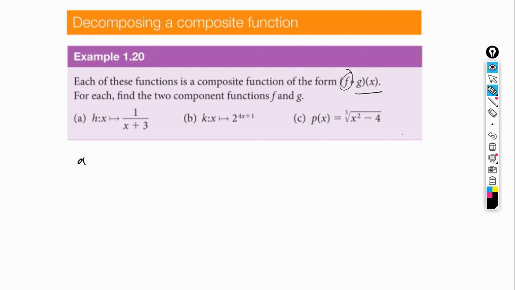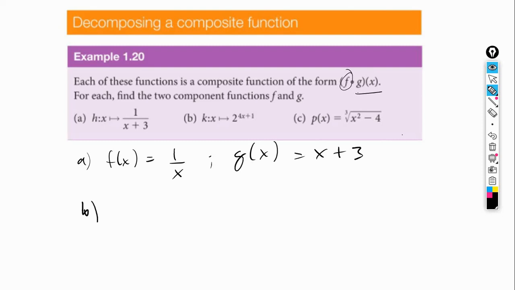So for a, it's easy to see that f of x is the reciprocal. We can describe it as 1/x, whereas g of x would be the linear function x plus 3.